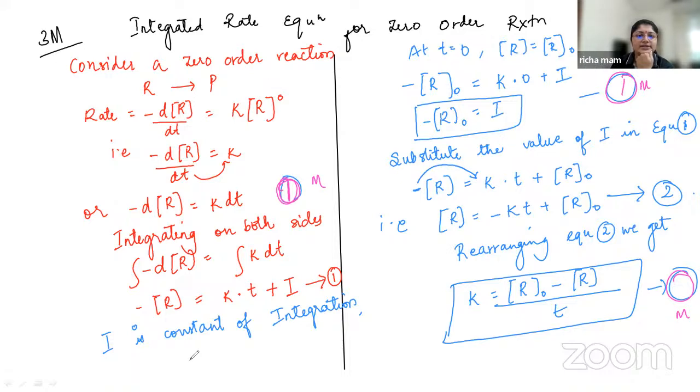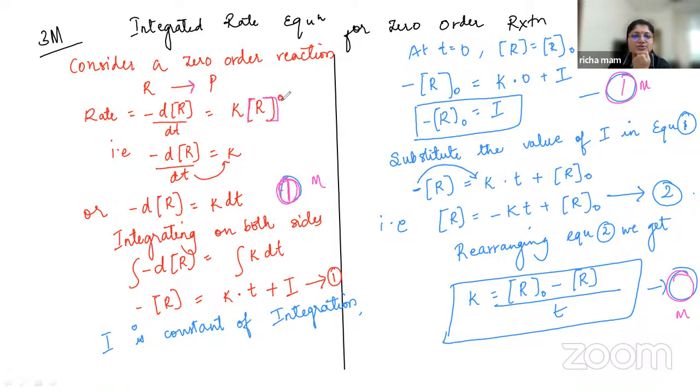Let us revise it once more. What is the integrated rate equation for zero order reaction? According to the definition, the rate of the reaction is proportional to the zero power of concentration of the reactant. If you consider a zero order reaction, the reactant will react to give the product. So rate is equal to minus dR by dt is equal to K into R raised to 0, where R is your reactant.